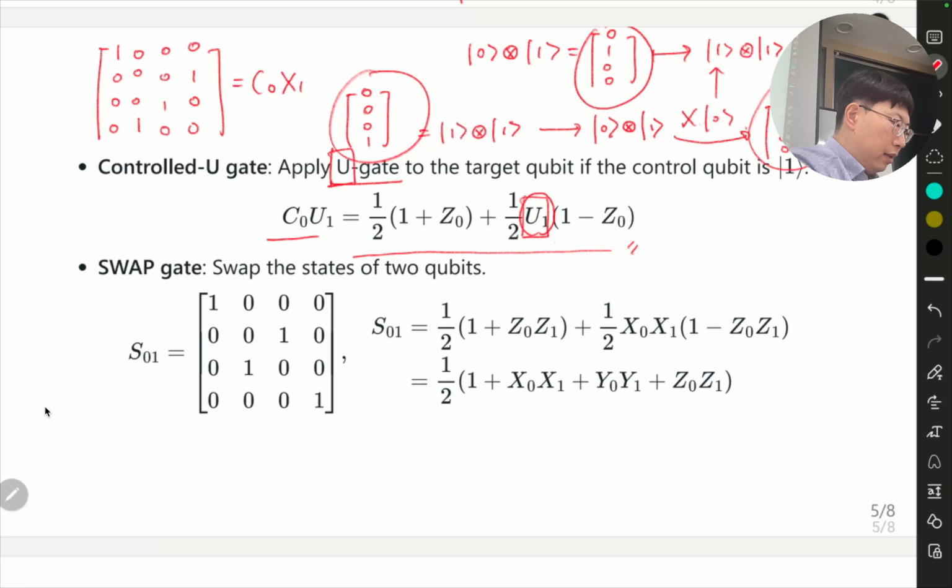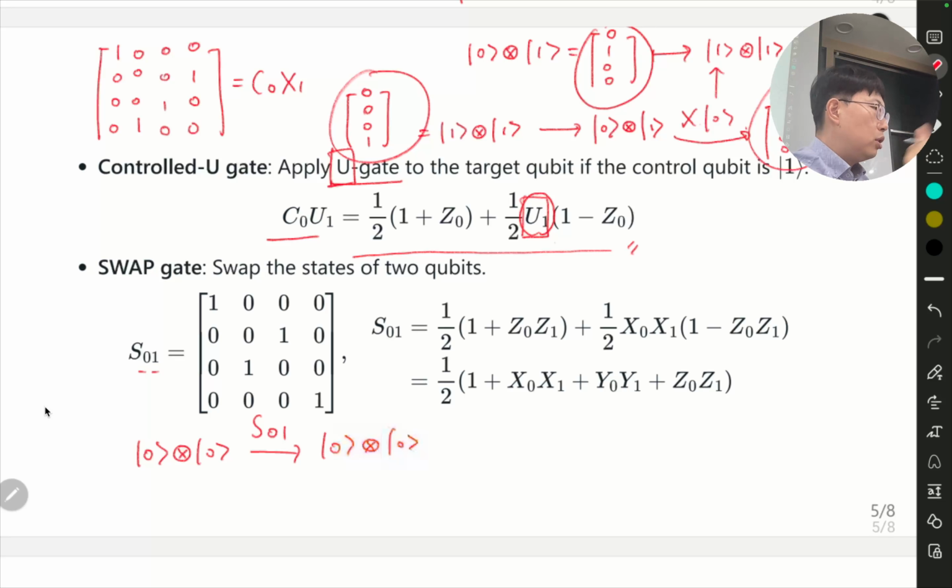Another type of gate is a swap gate. It basically swaps the state. So basically it swaps qubit 0 and 1. So 0, 0 goes to 0, 0 because swapping two 0 kets is the same as 0 ket again.